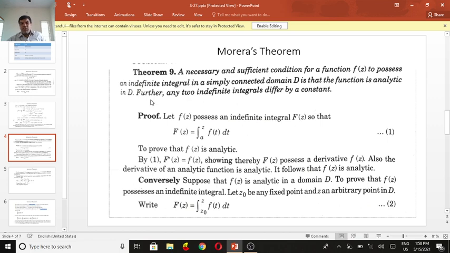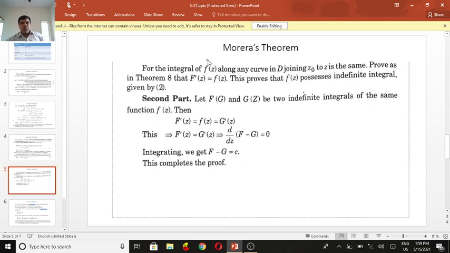Conversely, suppose that f of z is analytic in a domain D. To prove that f of z possesses an indefinite integral, let z naught be a fixed point and z be an arbitrary point in D. We say F of z is equal to the integral from z naught to z of f of t dt, along a curve in D joining z naught to z.